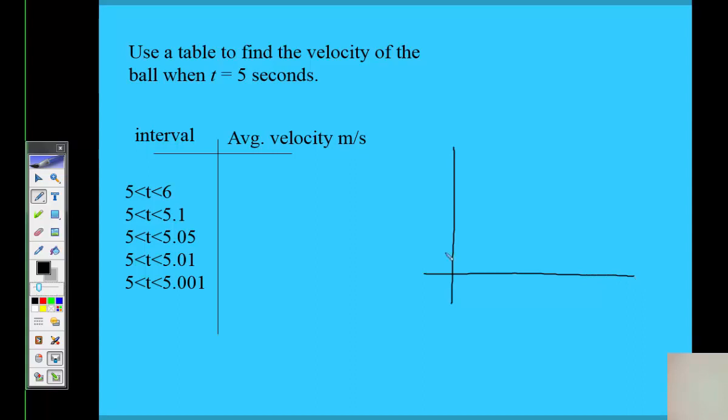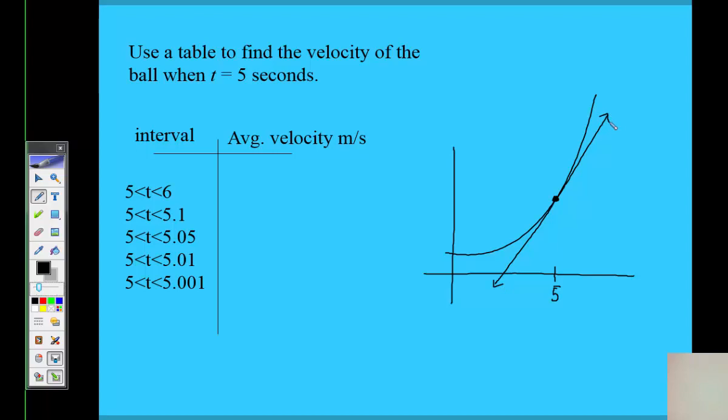Our function is 4.9 t squared. We are trying to find instantaneous velocity, which means the velocity at that instant. Now the instantaneous velocity, we said, is represented by the slope of this tangent line.